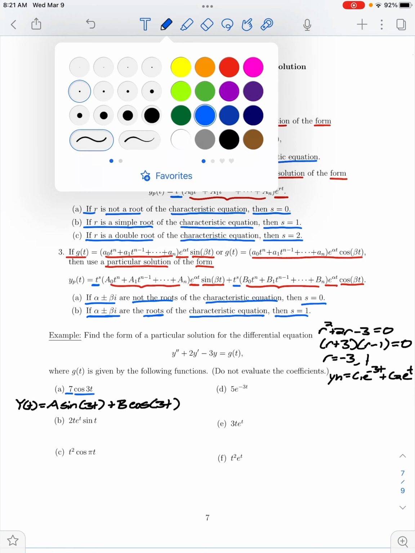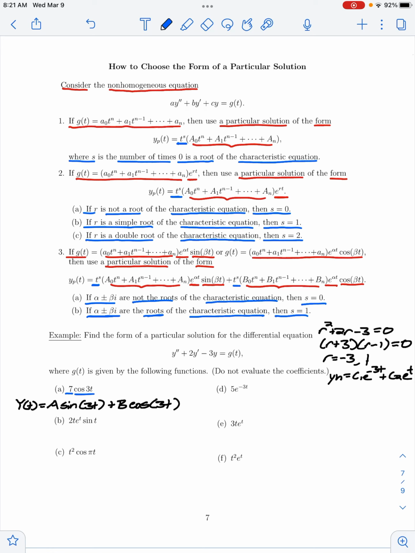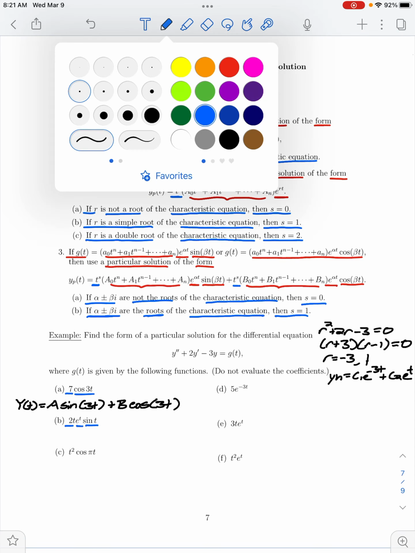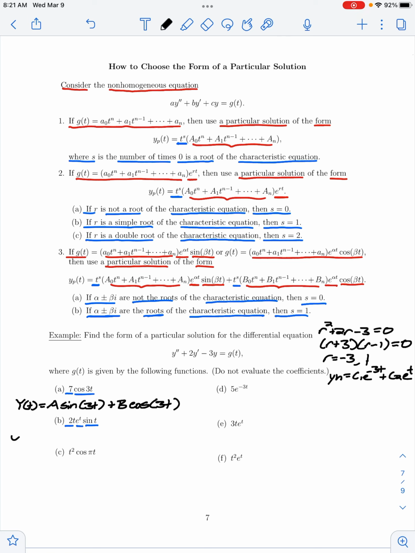Now in part B, we have a g of t function which is a first degree or linear polynomial times an exponential, e to the t times sine of t. So for our particular solution, we would look for a general first degree polynomial, let's say at plus b, times the same exponential e to the t times the same sine function, sine of t.